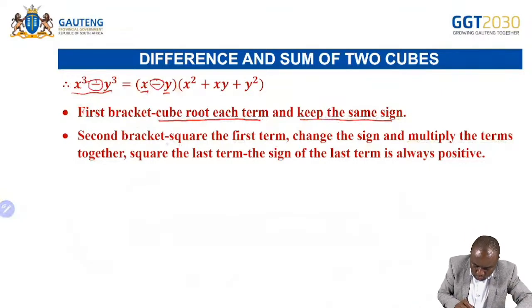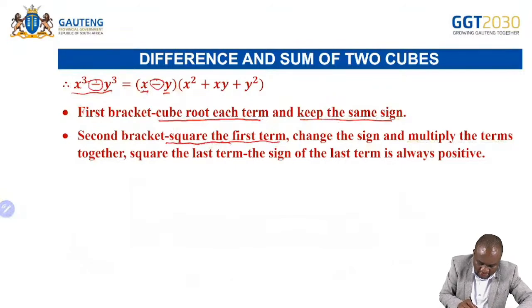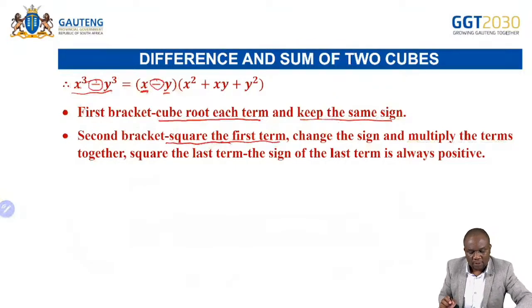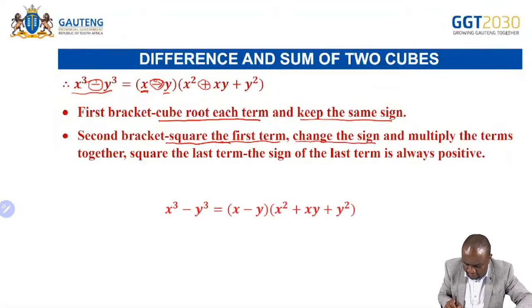Square the first term, referring to the terms in the first bracket, which is x squared. What do we do next? After squaring the first term, change the sign. It's minus here, it's now plus there. Change the operation. And then multiply the terms.